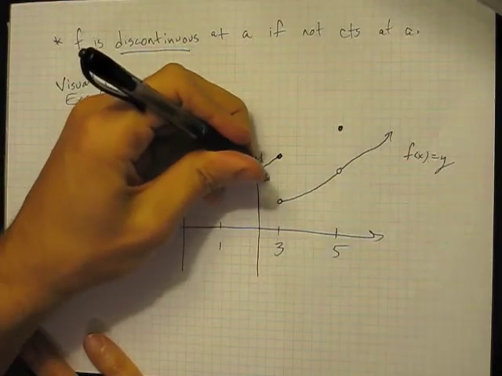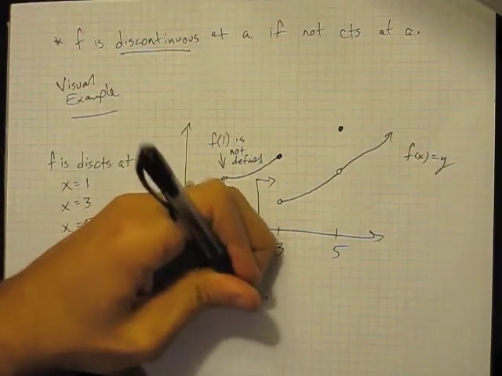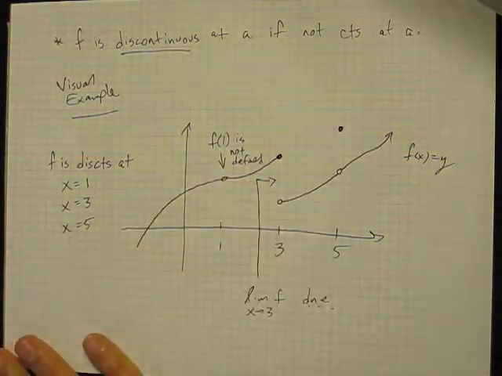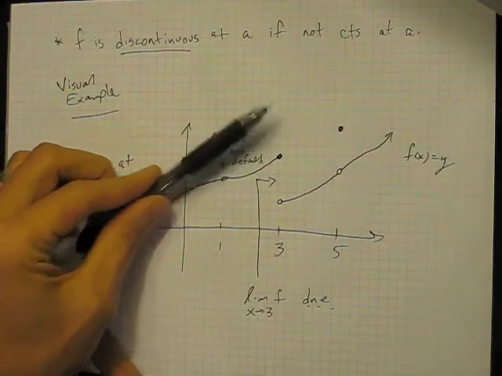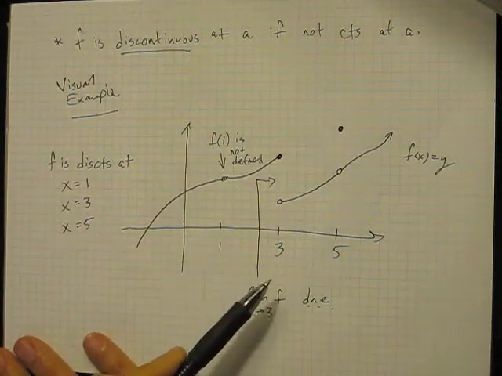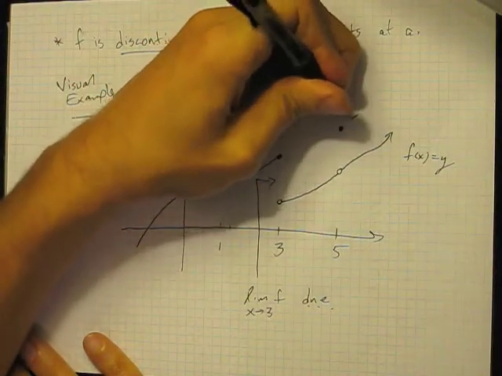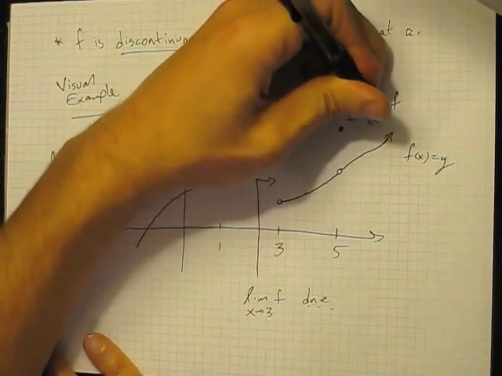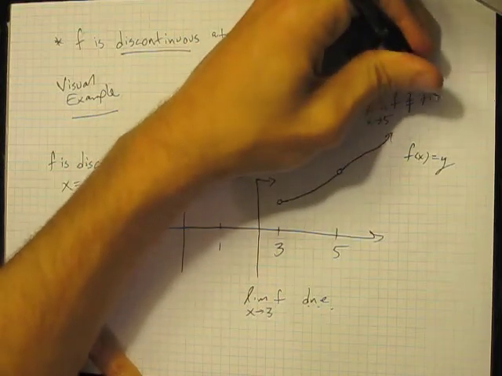Here, the limit does not exist. At 3, because the trend coming towards 3 from the left-hand side does not equal the trend coming towards 3 from the right-hand side, so the limit does not exist here. And then here, the limit of f as x goes to 5 is not equal to f of 5.